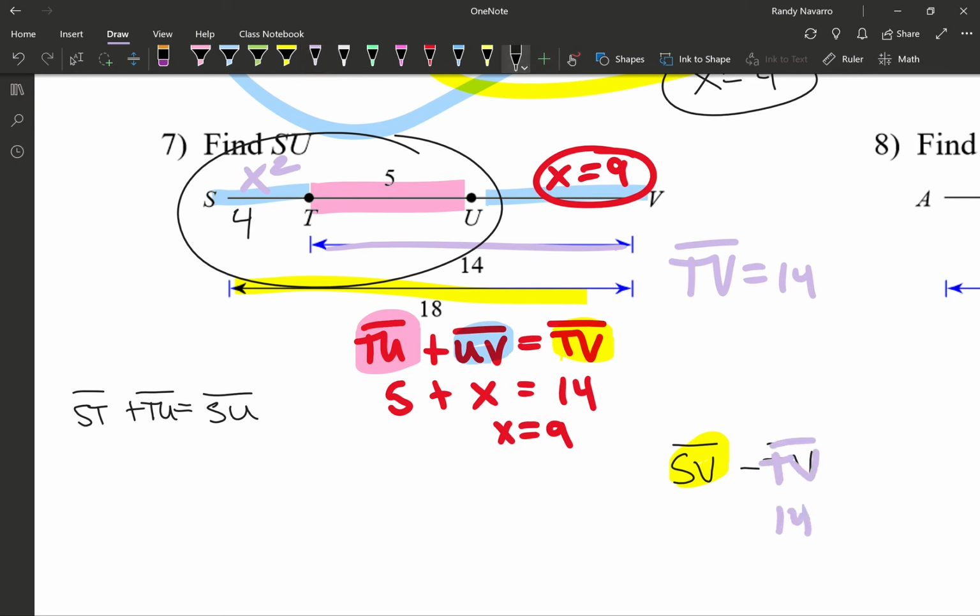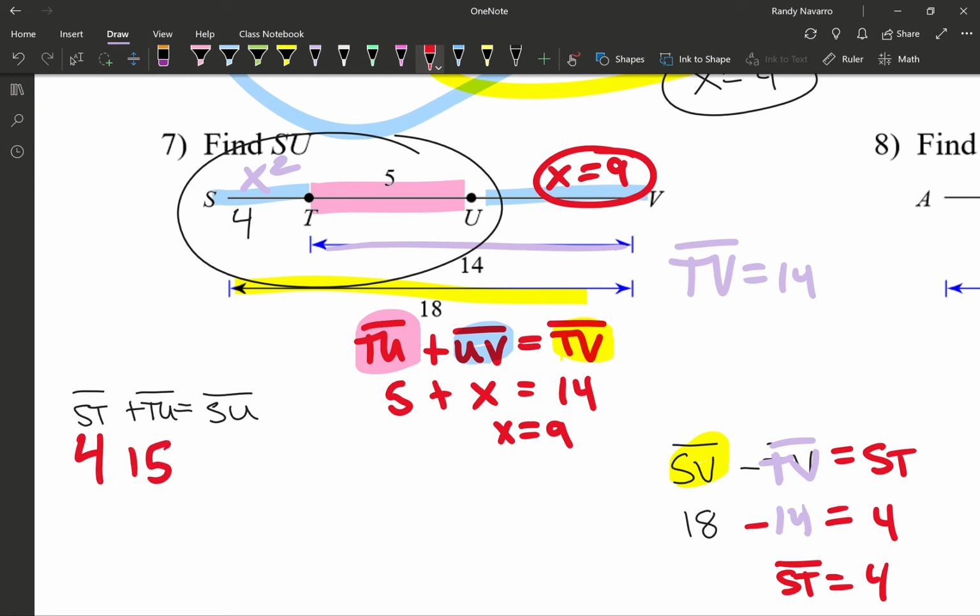So we did 18 minus 14 equals ST. And ST in this case is 4. So we got ST is equal to 4, and TU is 5. So that means SU is 9. Line segment SU is equal to 9.